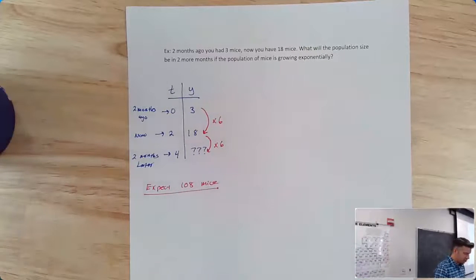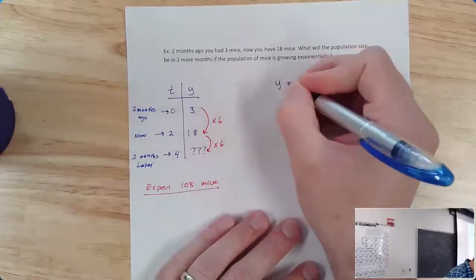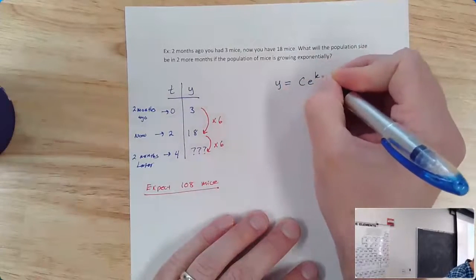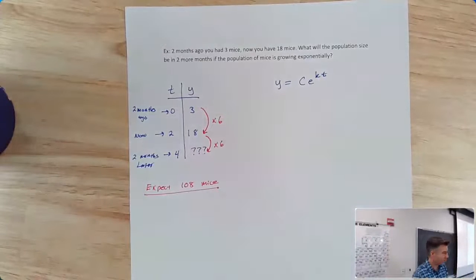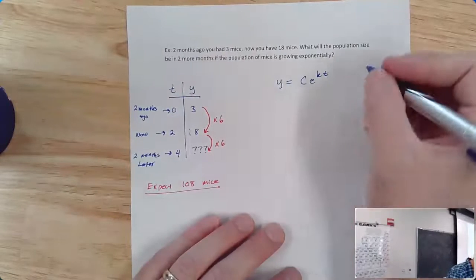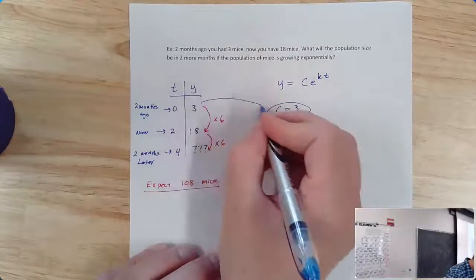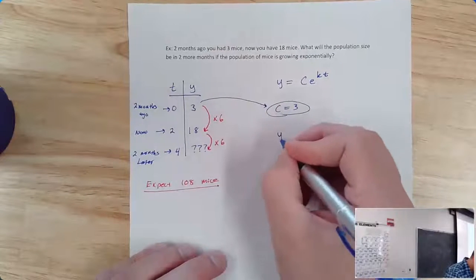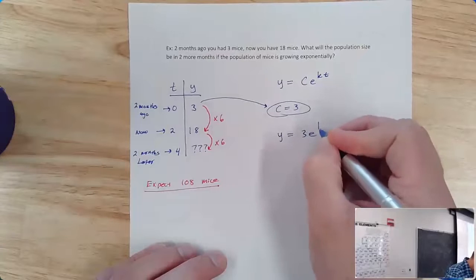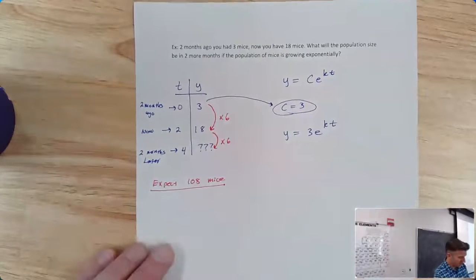So, usual deal. We're growing exponentially. Here's our model: y equals C e to the kt. Everyone, what should my C value be? 3, totally 3. C equals 3 for sure, just from this first piece of data. So we've got y equals 3 e to the kt. Now we're going to find k.